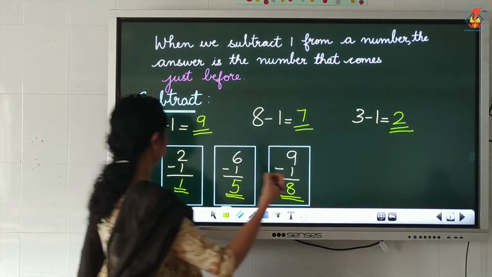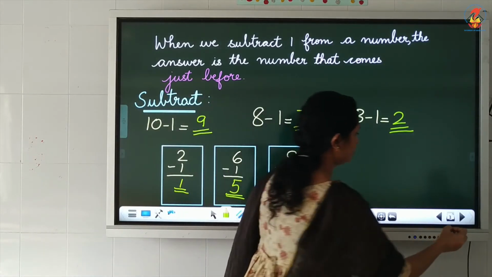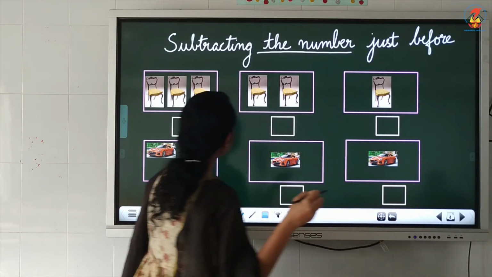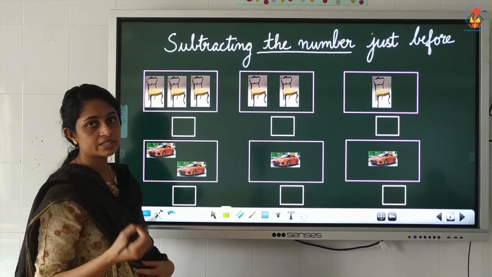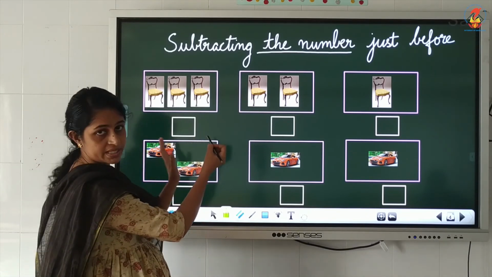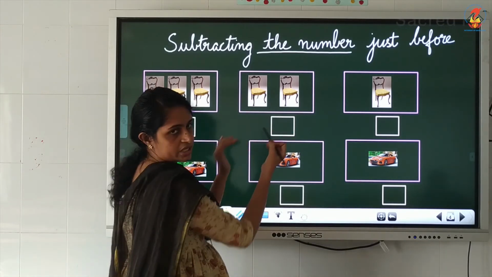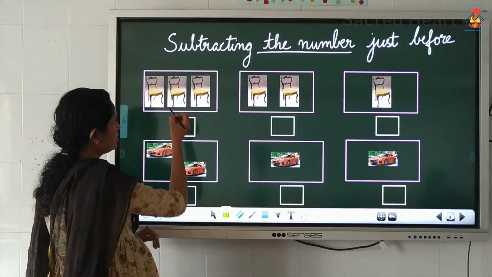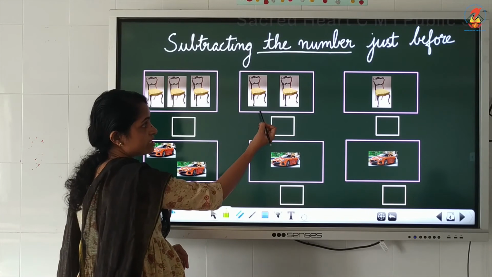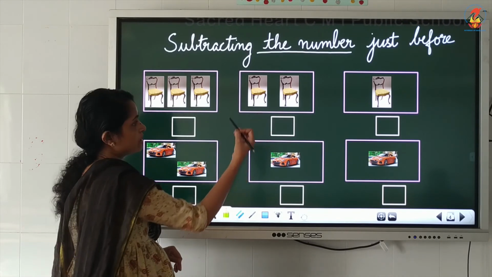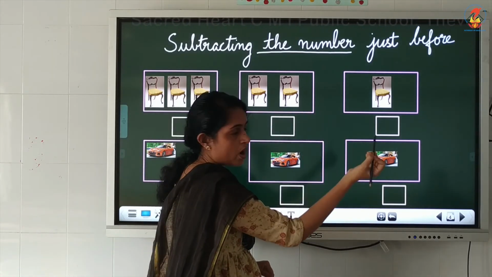Okay. Now we can check the next rule. The next rule is that we are subtracting the number just before. From a number, we are subtracting the number just before. Look at the example. 3 chairs are given, isn't it? From that 3 chairs, we are taking 2 chairs. Then how many are left? 1.